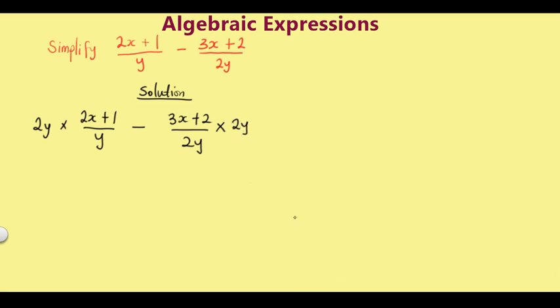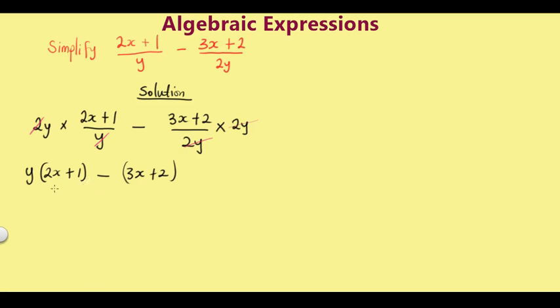At the end of it, we realize that this can cancel out this. This is 2y, so y cancels out. Now it becomes y open bracket 2x plus 1 close bracket minus (3x plus 2).